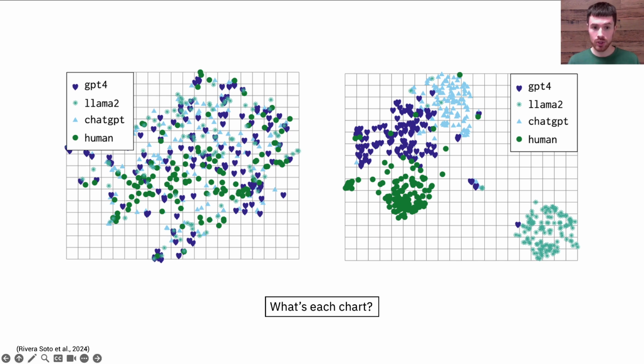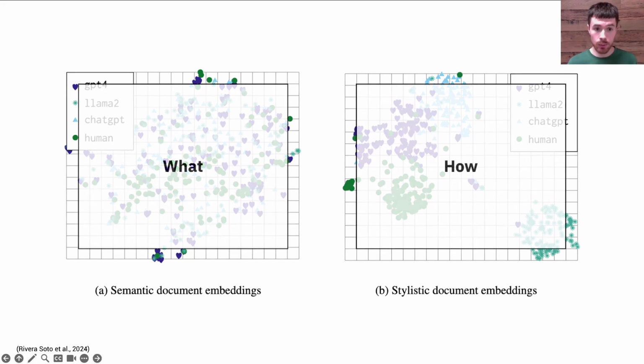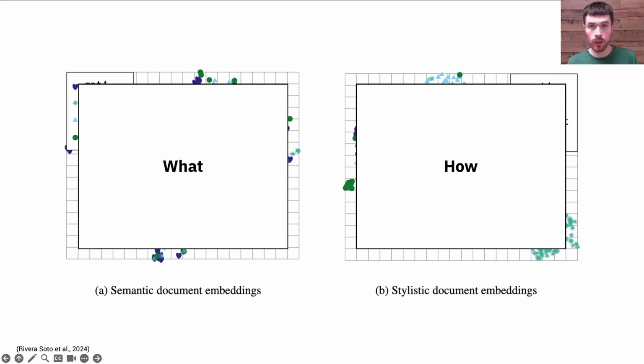What's each of the charts that I just showed you? Well, the thing that by itself is not detectable is what we call the semantic document embeddings. So that means, in other words, what is written, the ideas, the concepts. Language models are more or less as good as humans in writing about specific ideas.